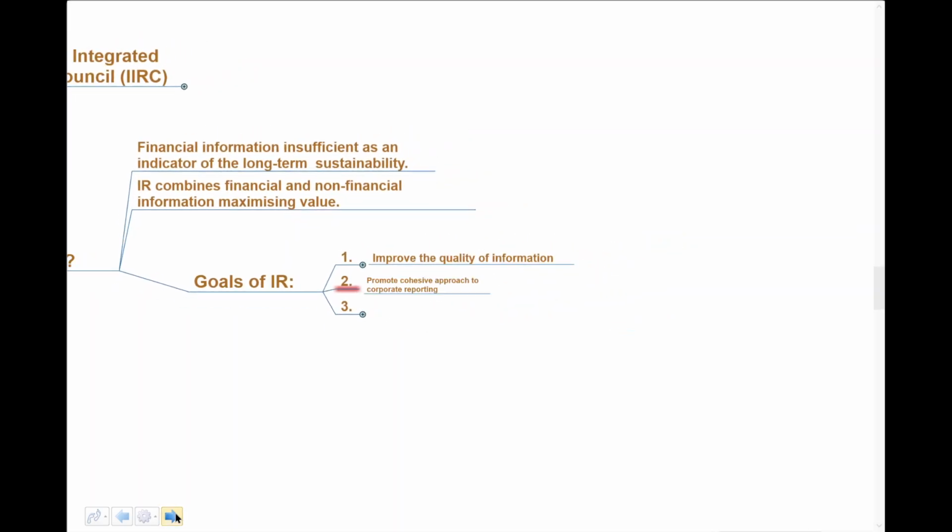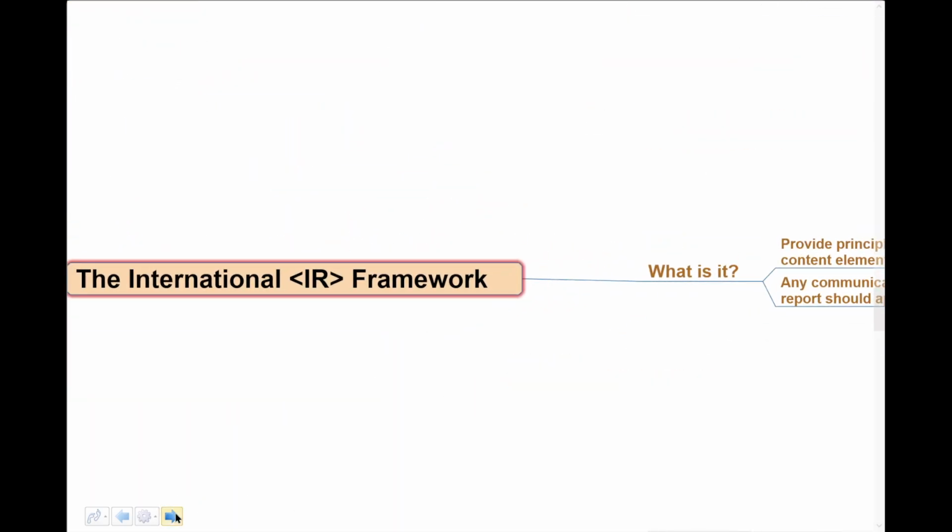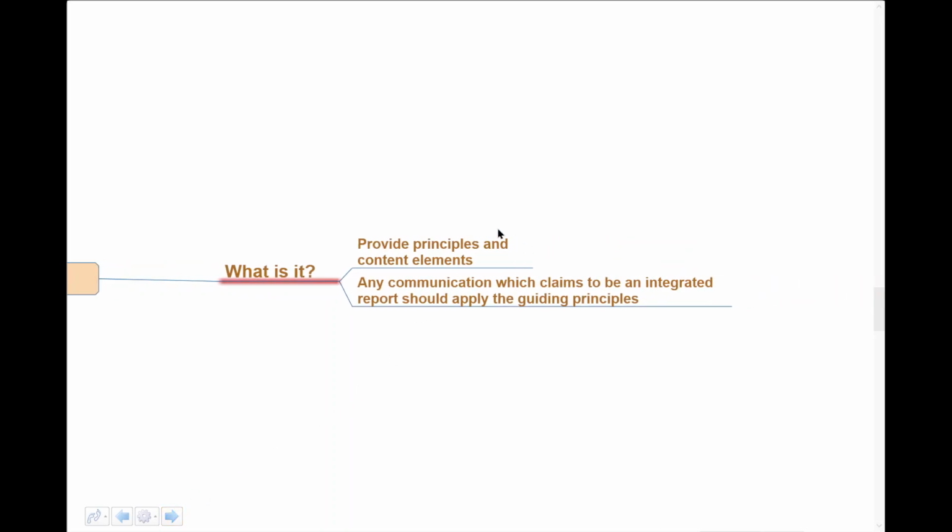Let's move on from there. In terms of detail here, the framework, the IR framework, the integrated reporting international framework. So what is that? Well, really what it is, is a set of principles and indeed content elements. I mentioned up top about guidance. Well, here it is. So in essence, with those stated principles, and indeed the content elements, the elements that should be included within an integrated report.